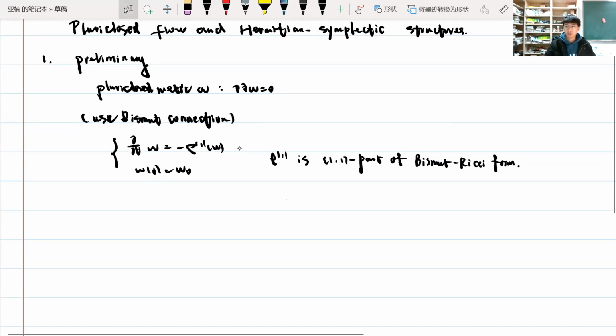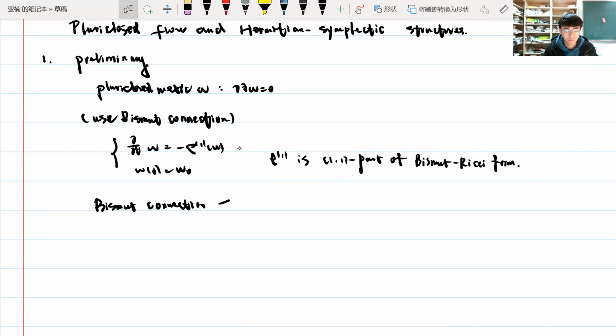The Bismut Ricci form is the Ricci form with respect to the Bismut connection. The Bismut connection is a unique connection satisfying the three conditions.